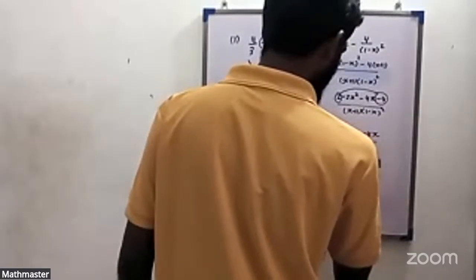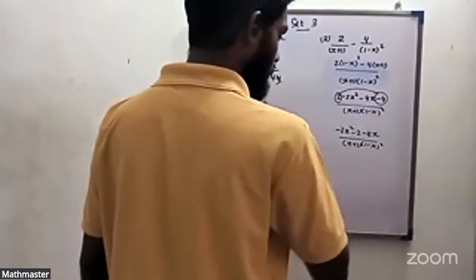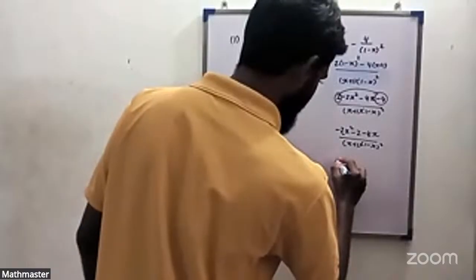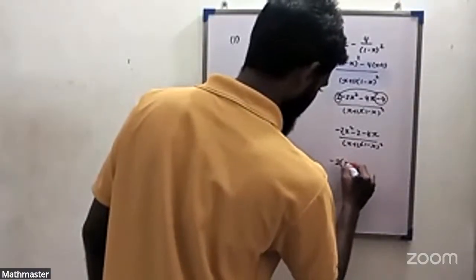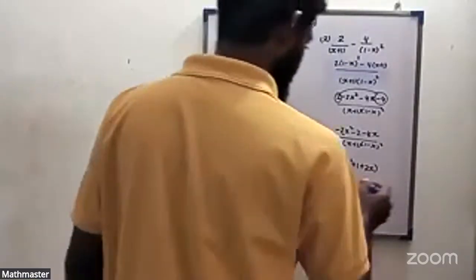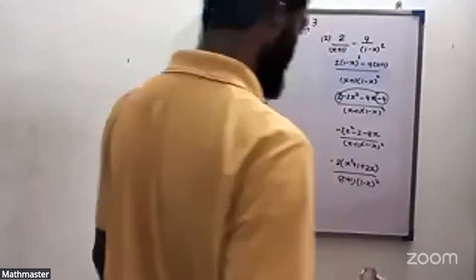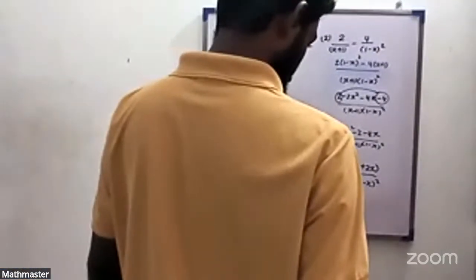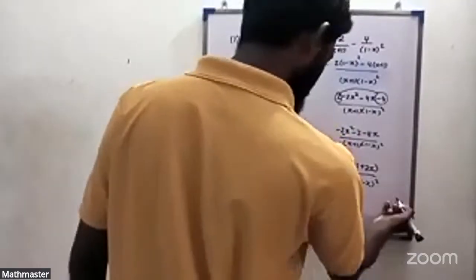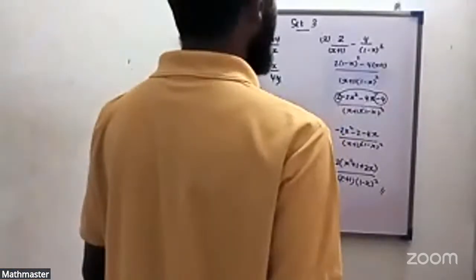Then the common factor is 2, so minus 2 times x squared plus 1 plus 2x over x plus 1, 1 minus x squared. Is that correct? Yeah. Wait.